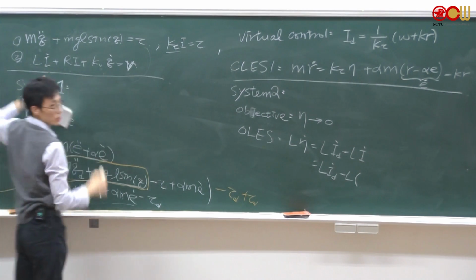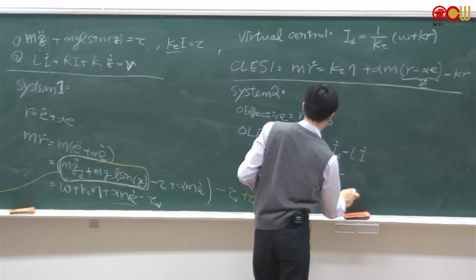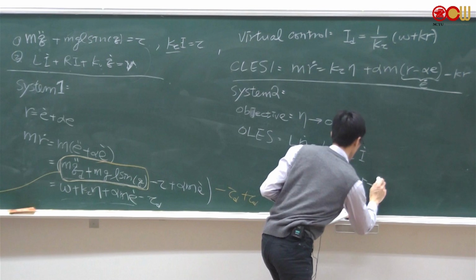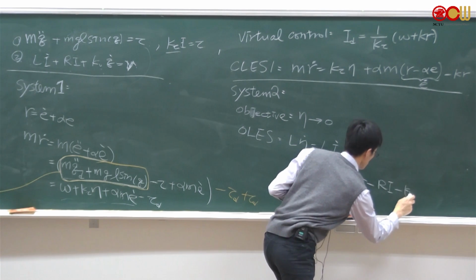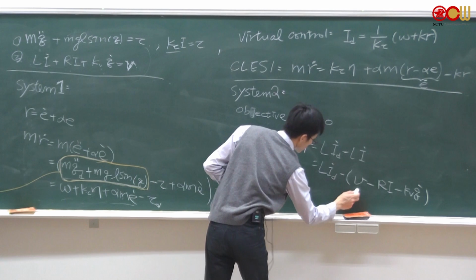You move these two terms to the right, and you get V minus. And remember, this is the physical control.